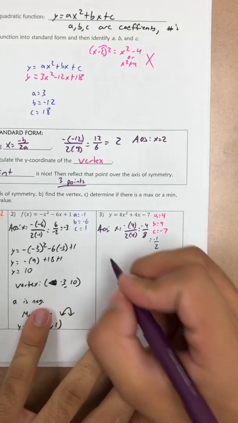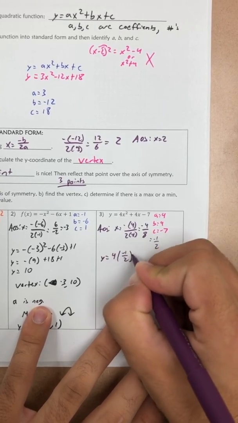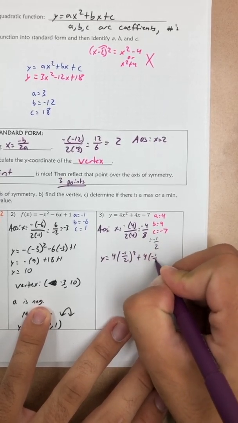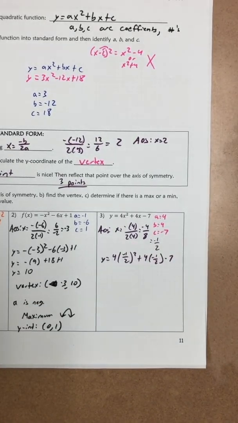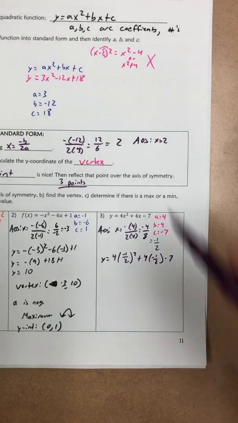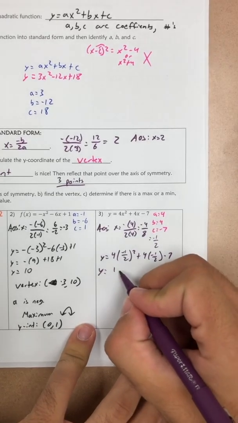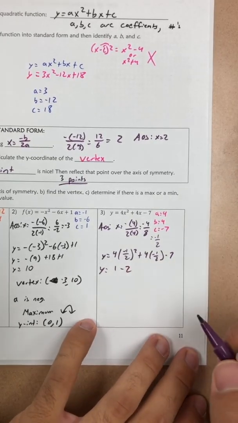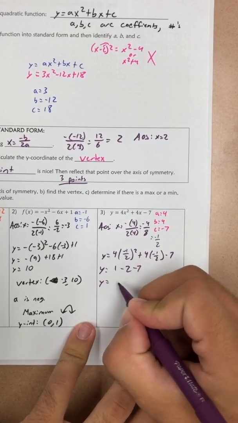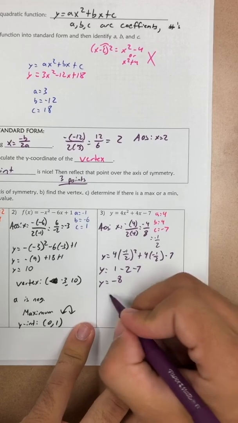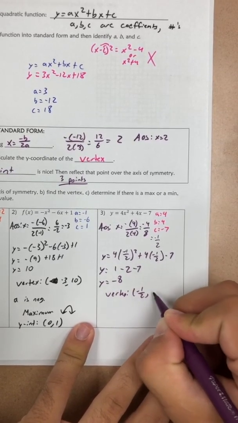To find the y value of my vertex, negative 1/2 times negative 1/2 is 1/4 times 4 is just 1. Negative 2, 4 times negative 1/2 is negative 2, negative 7, so y equals negative 8. So my vertex is negative 1/2, comma negative 8.